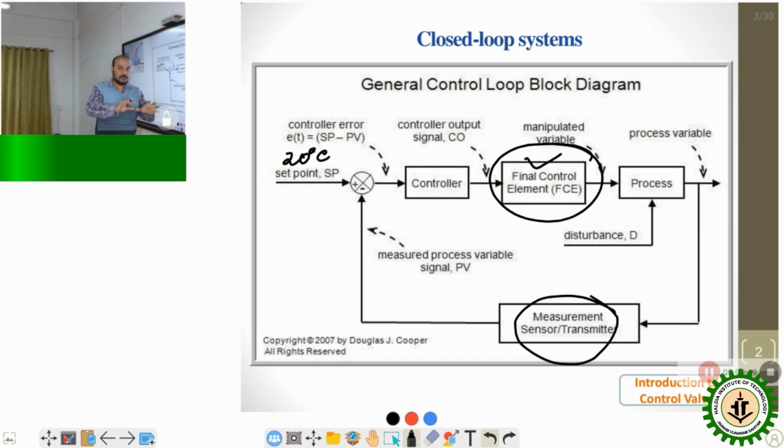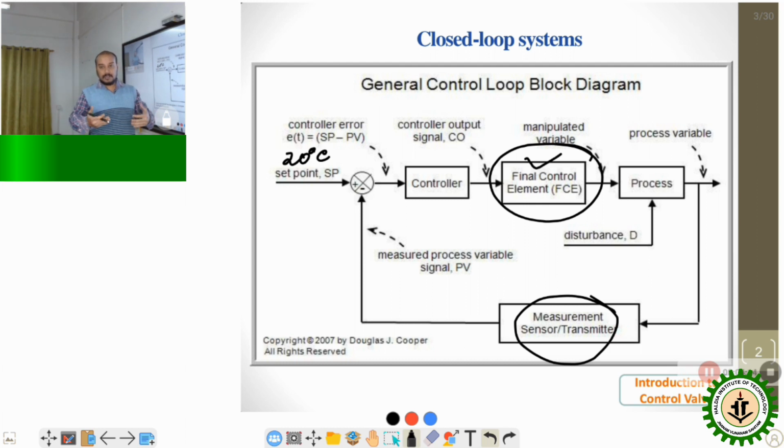The controller will not execute what needs to be implemented by the final control element. Only the planning, the control actions, will be generated by the controller, but the players are the final control element. They execute the plan or ideas given by the coach. So that is the point of a final control element.